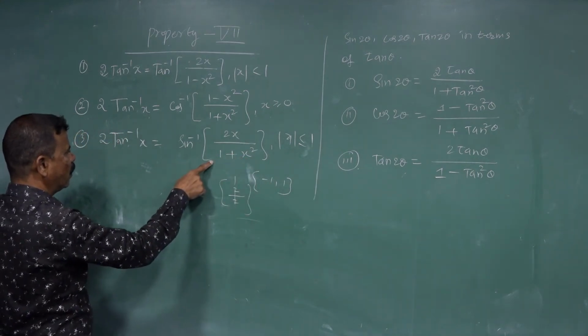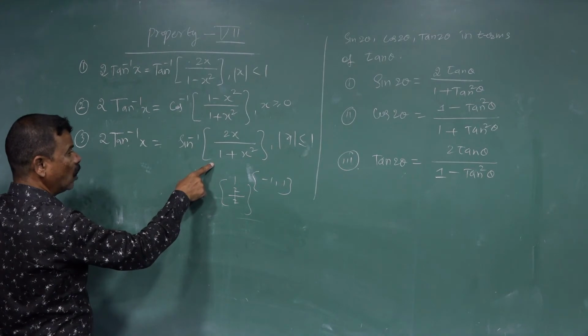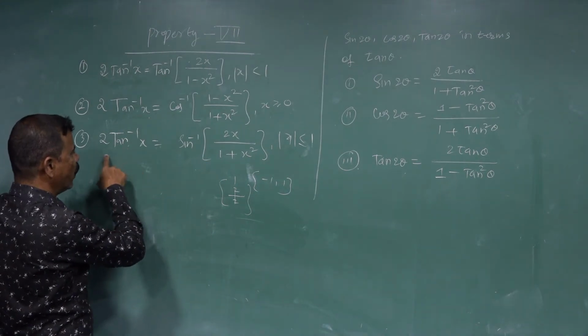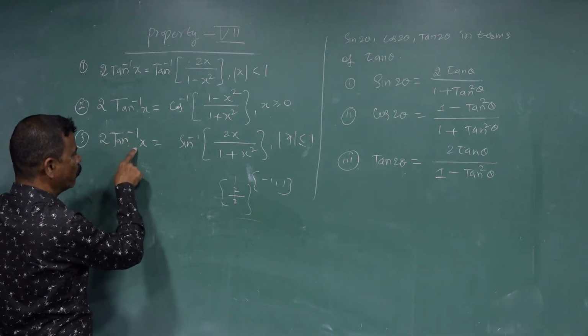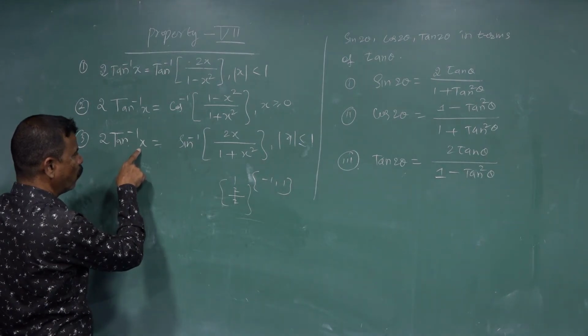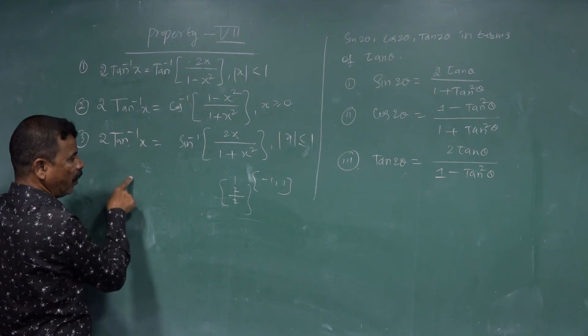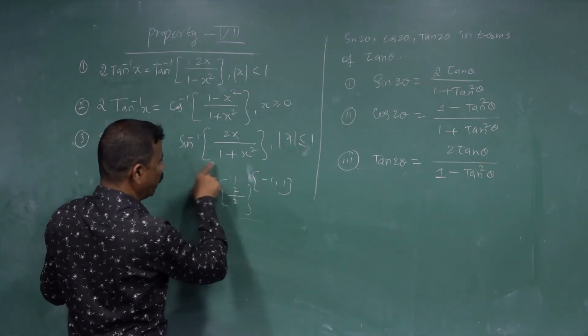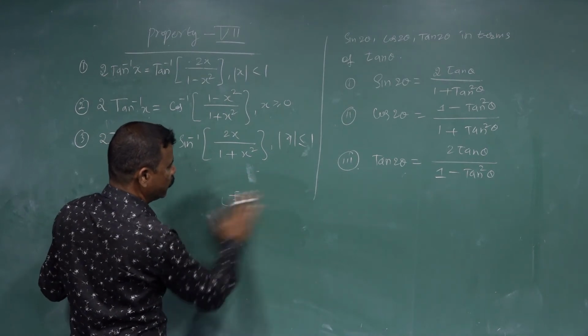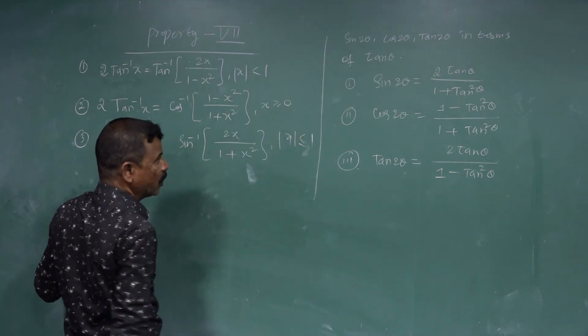Sin inverse of 1 is 90, so this value is 90. So 2 into pi by 4, the x value being 1, tan inverse 1 is pi by 4, and pi by 4 into 2 is pi by 2 coming. Both are equal. If you put other values here, it is not satisfied. That's why these are the conditions.